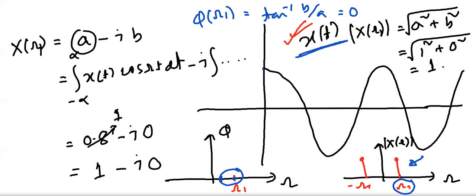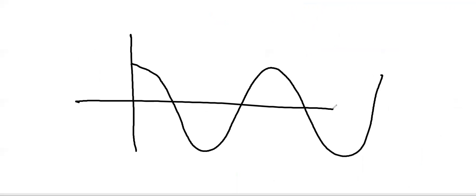Now, if you extend this example like this, let's say this is your known signal x(t) for a frequency, let's say f1.